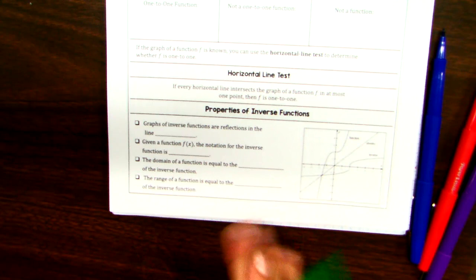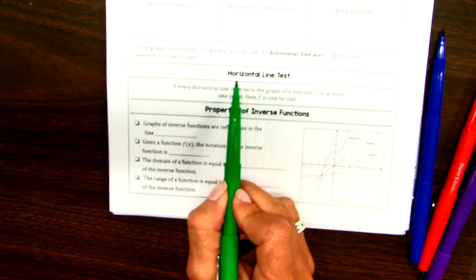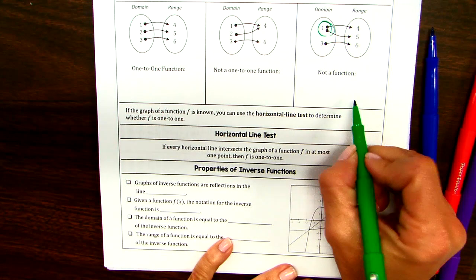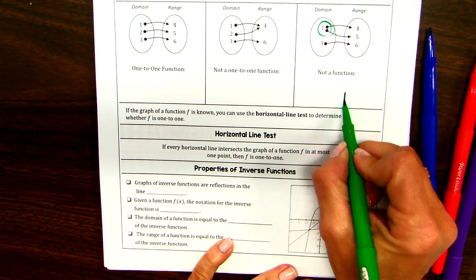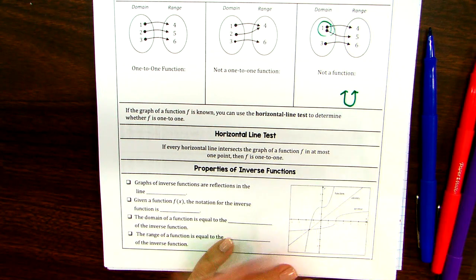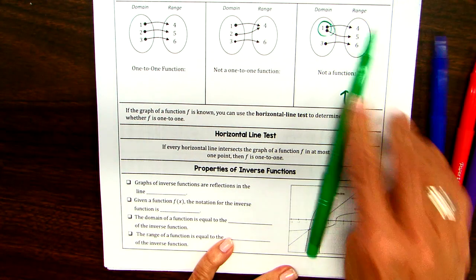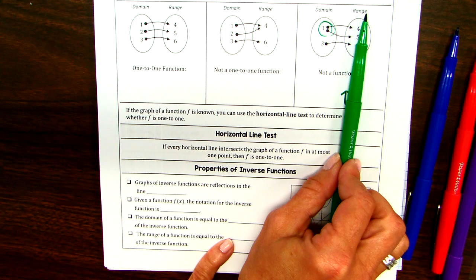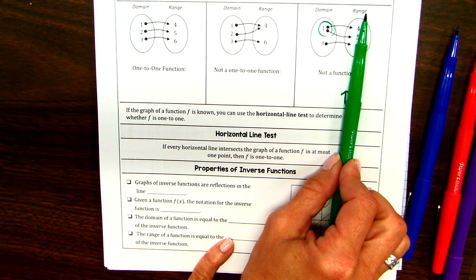Now, there's something else. There's something called a horizontal line test. So let me just sketch a quick graph for you. A parabola, right? This passes the vertical line test. A parabola is a function. But is the inverse a function, or is the inverse one-to-one?